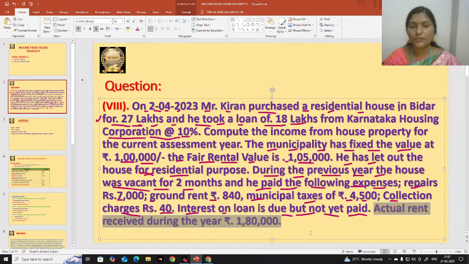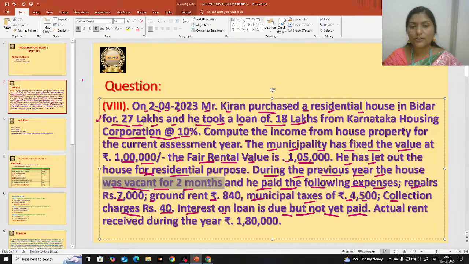But again they said in the same question that the house is vacant for how many months? 2 months. The house is vacant for 2 months. So the owner received only 10 months rent. They did not mention whether the 1,80,000 is for 10 months or 12 months, but in the same question they mentioned the house is vacant for 2 months.